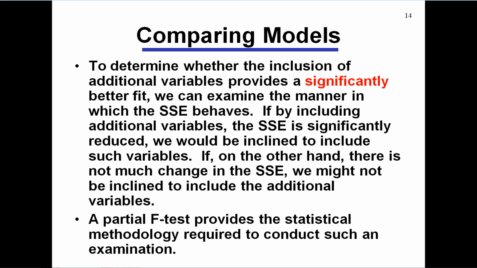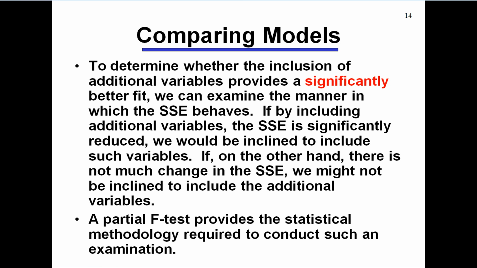Well, if adding additional variables significantly reduces the sums of squares error, that would be a good thing. And we would want to include that variable or block of variables in our model.